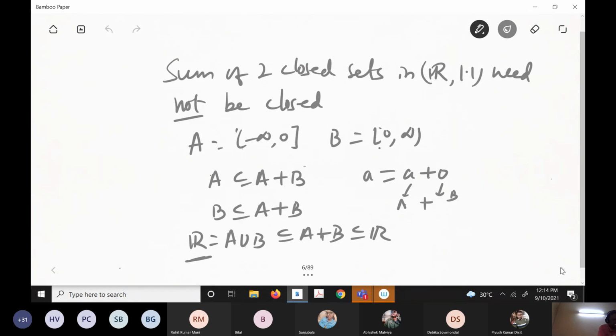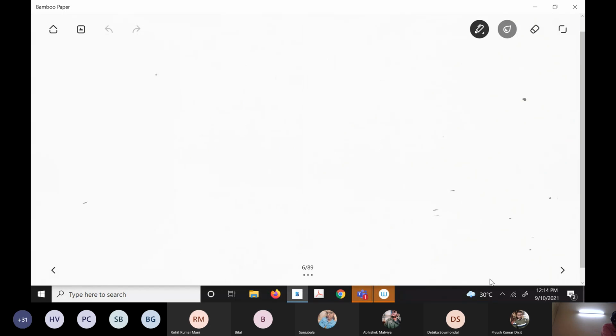Let's take another one. Think about A equal to the union of 1 plus 1 by n, n belonging to N, union 1.